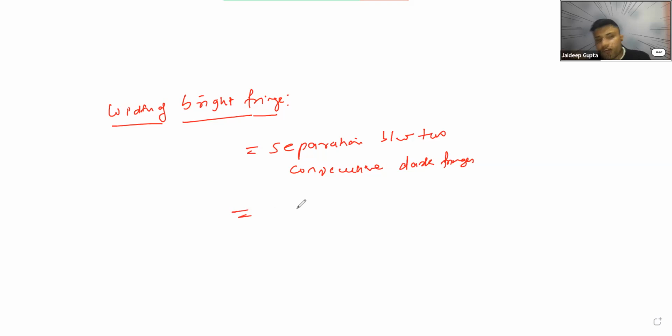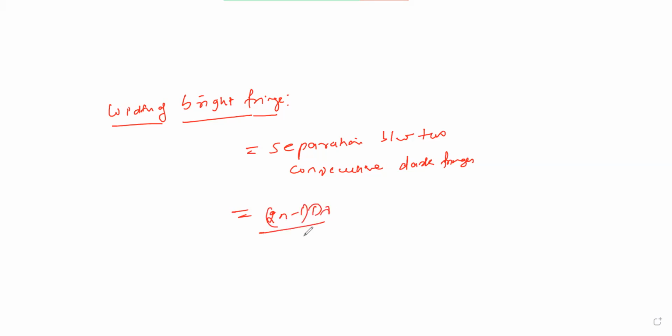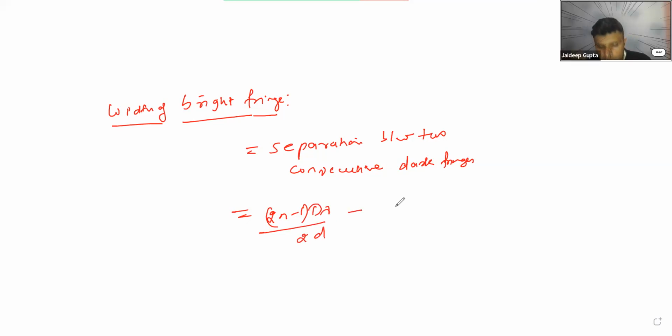What was the formula for the position of the nth dark fringe? I think it was (2n minus 1) lambda D over 2d, and for the (n minus 1)th, similarly.